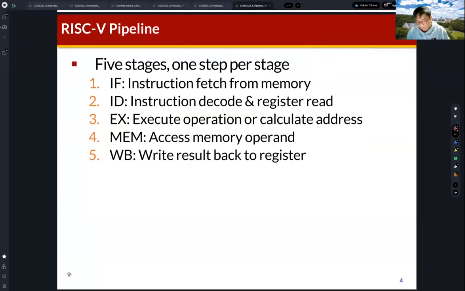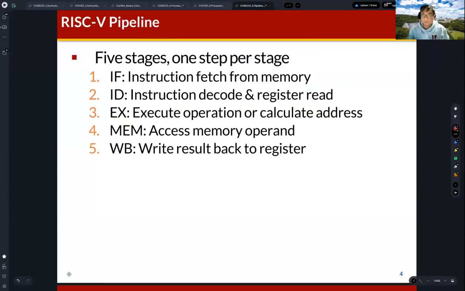Then how can we divide the pipeline stages of a RISC-V processor? When we designed the single-cycle processor architecture of a RISC-V processor, we defined 5 steps for executing an instruction.